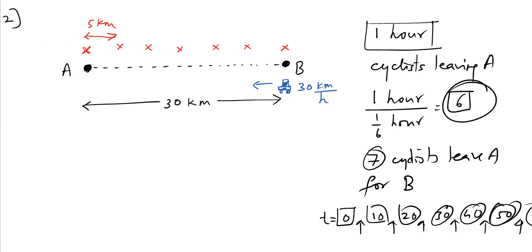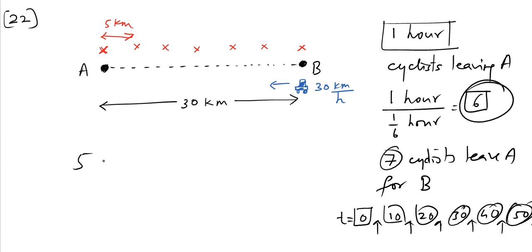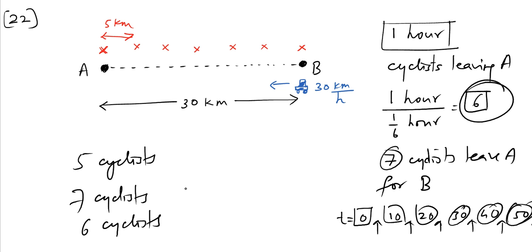So some people would claim that the answer is 5 cyclists. Now people who don't ignore the last and the first cyclist, they would say 7 cyclists, or some people would ignore the first cyclist and you would say 6 cyclists are met on the way. That depends on which cyclist you choose to ignore.